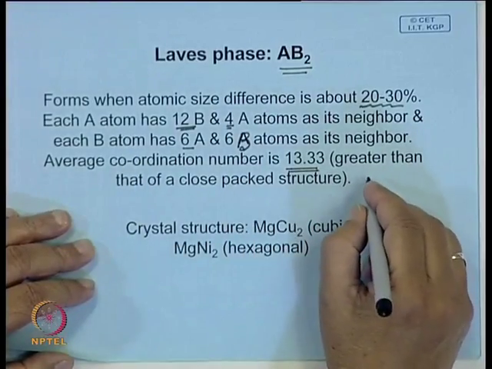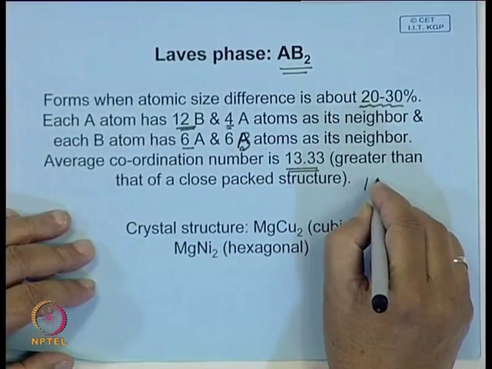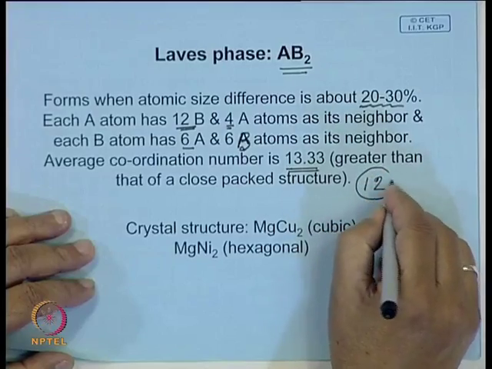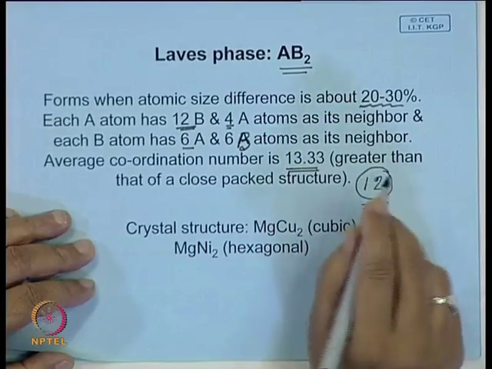In a close-packed structure like face centered cubic or hexagonal, the maximum coordination number that you can have is 12.